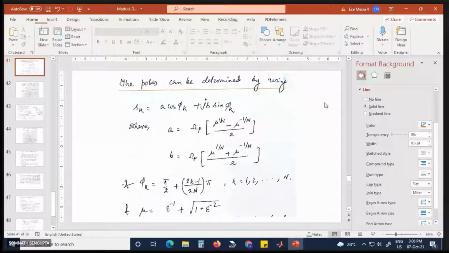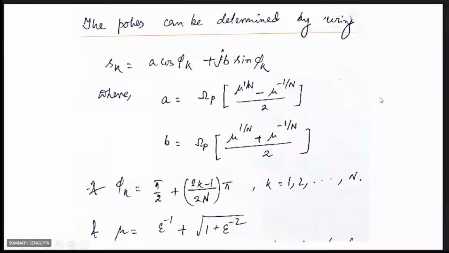So the poles can be determined using your variable s or pole sk equal to a cos phi k plus jb sin phi k, where a and b are given by this term.